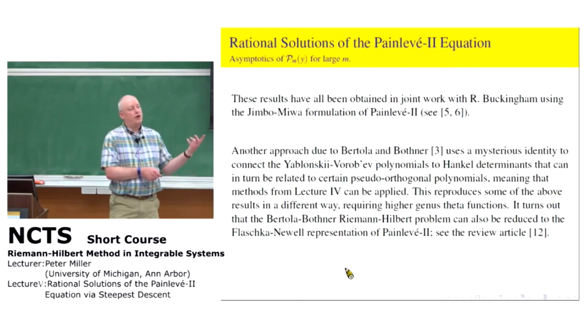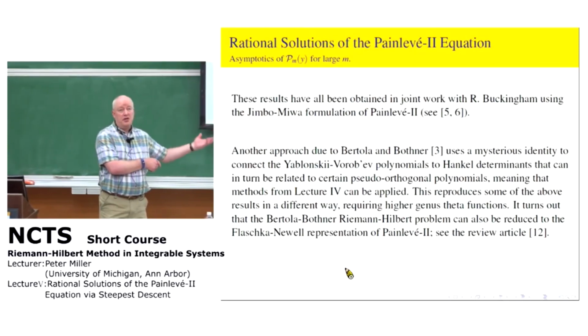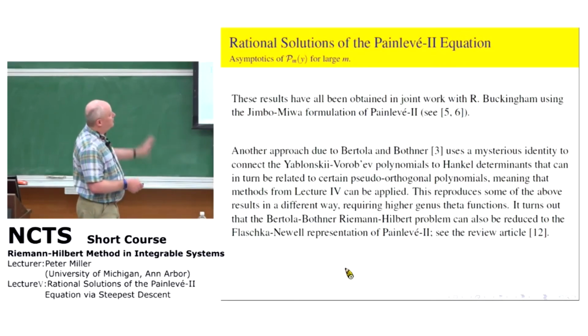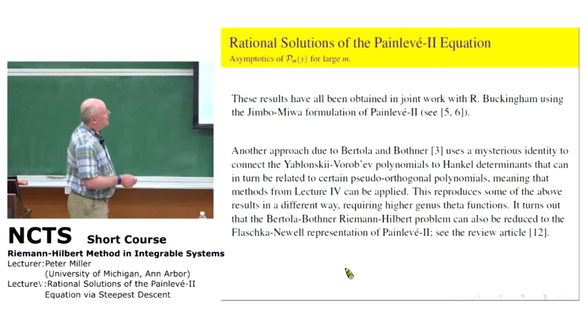So many that the curve behind their analysis has genus 2, whereas in this Jimbo-Miwa theory, only genus 1 curves show up. So somehow they have to do some gymnastics to figure out what's happening there. But in the end, using these higher genus theta functions, they're able to reproduce some of the formulas.